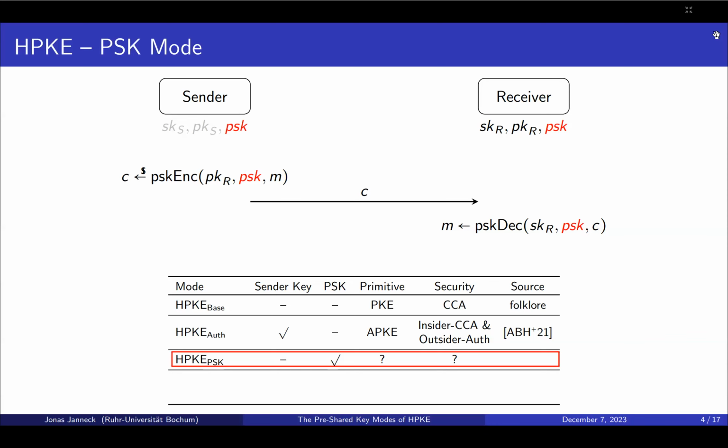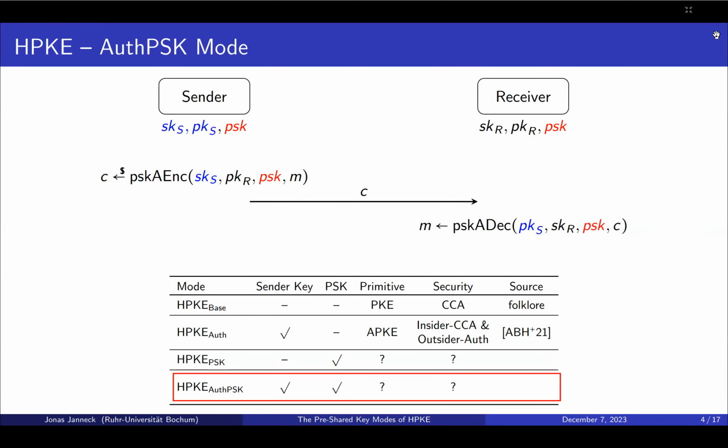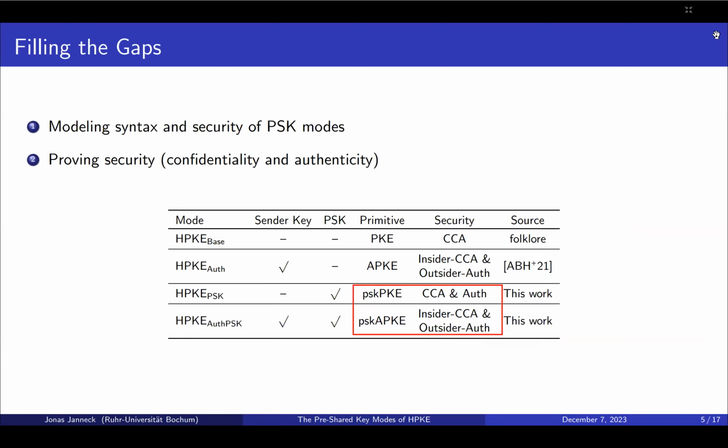And for the last mode, this is the auth PSK mode, which basically combines the modes. So we have still the pre-shared key, but as well an authentication from the sender, with their own sender key. Here we have both sender key authentication as well as a pre-shared key. And this is the mode where we're analyzing the security, and this is exactly where our main contribution comes in.